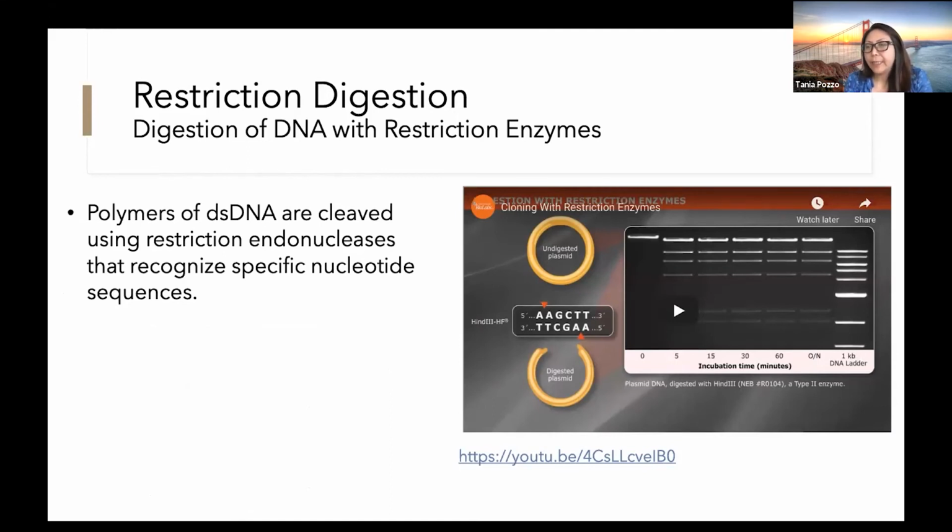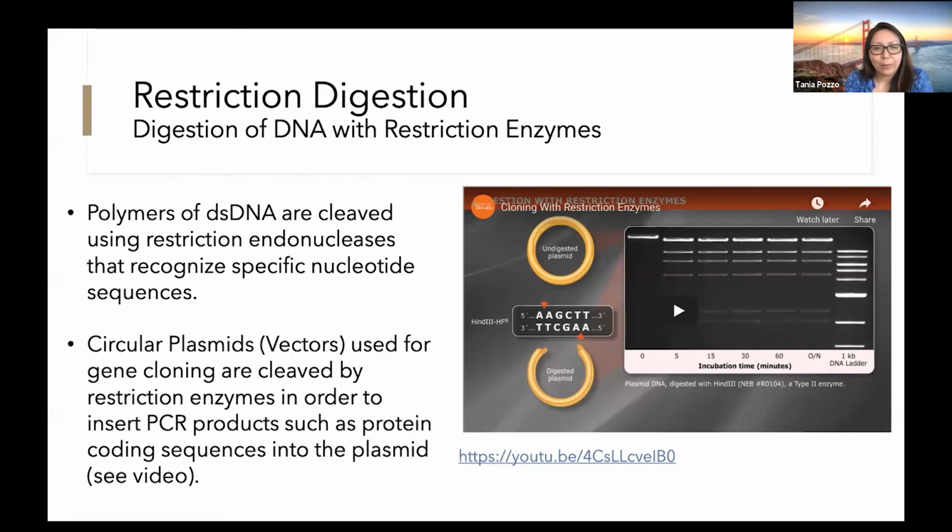This technique is a standard procedure for many molecular biology workflows, such as gene cloning, where circular plasmids are cleaved by restriction enzymes in order to insert PCR products such as protein coding sequences into the plasmid. This video explains the mechanism in more detail.